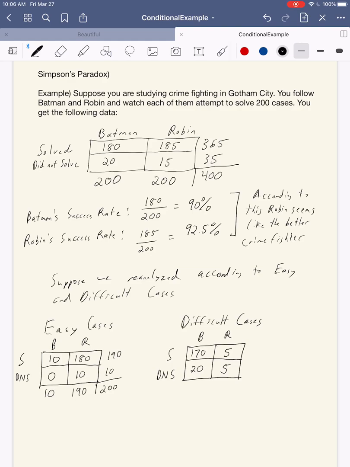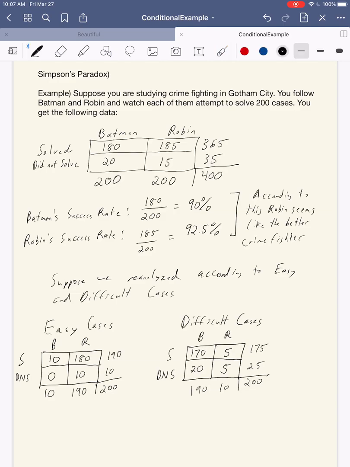And then we've got 175, 25, 190, and 10, which would also be 200. So apparently there were 200 easy cases and 200 difficult cases. In the easy cases, Batman worked on 10 of them and Robin worked on 190. For the difficult cases, Batman did 190 and Robin did 10.